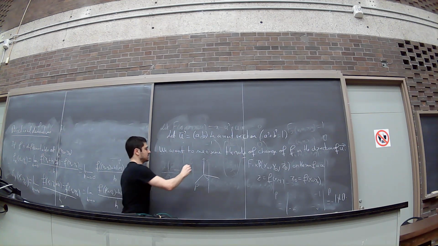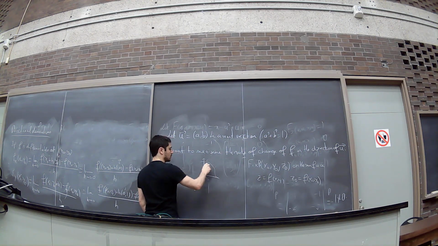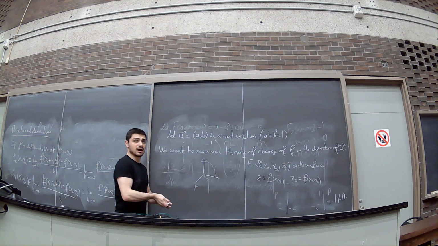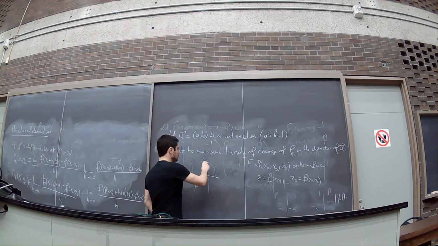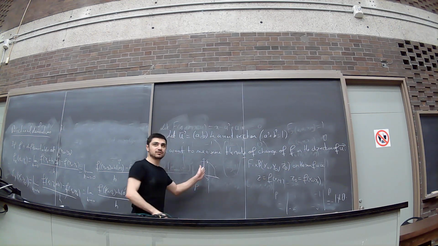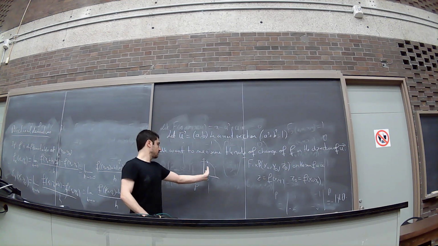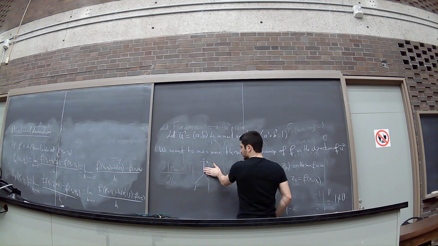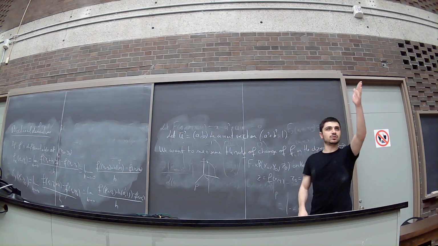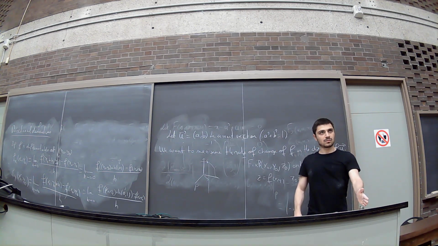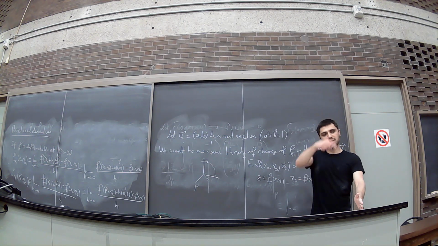Now this is P, and the idea that we may want to use is the same idea. I take this plane that goes through P that is vertical. Before, we took the plane that goes through P that is parallel to the x-axis. We took it this way. Now, P is here.